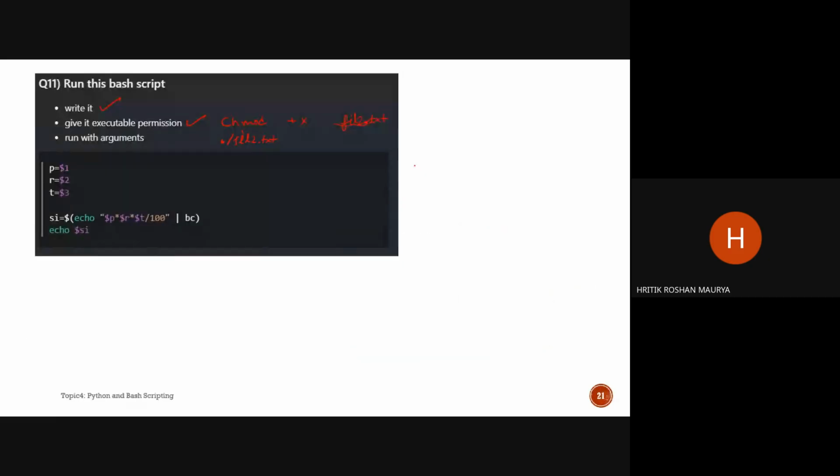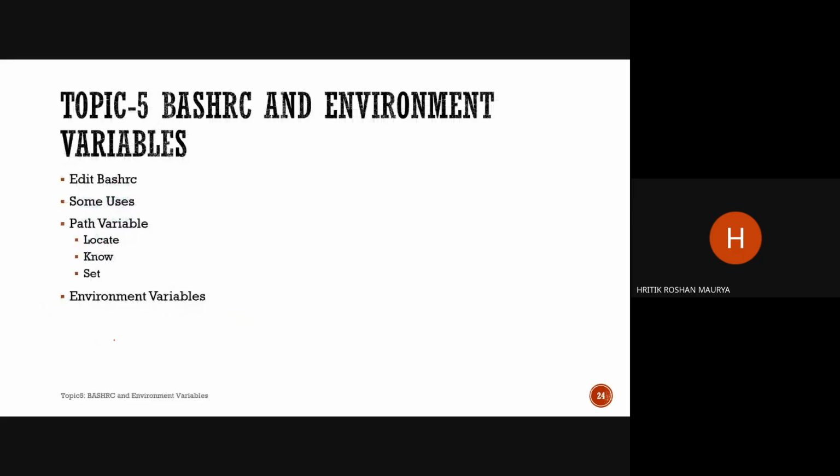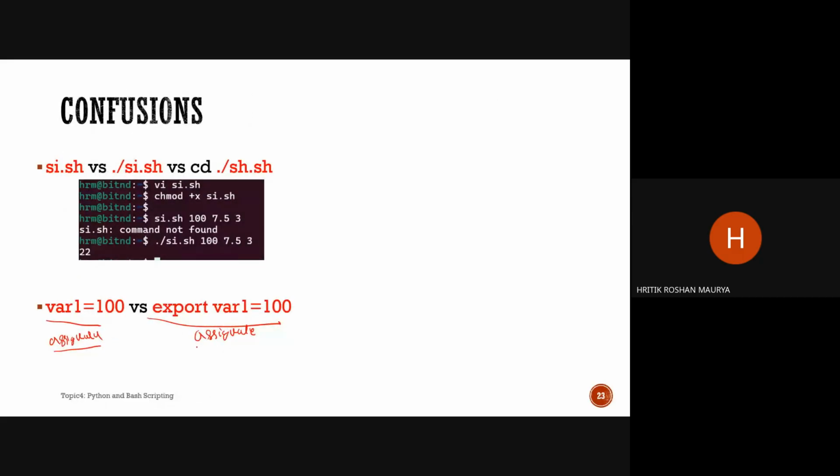Okay, so we have assigned the value. Here also we assign the value, but this value is scoped to the bash shell only, and this value is scoped to the bash shell and its sub processes also.